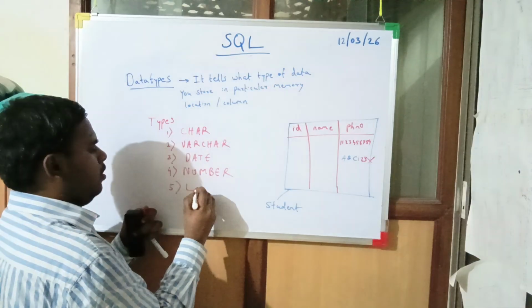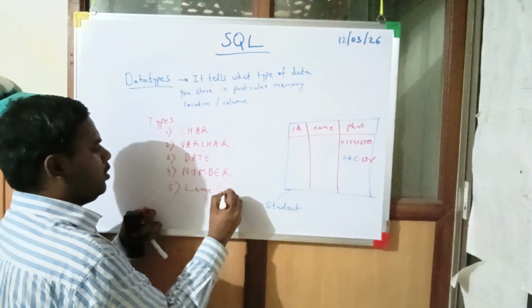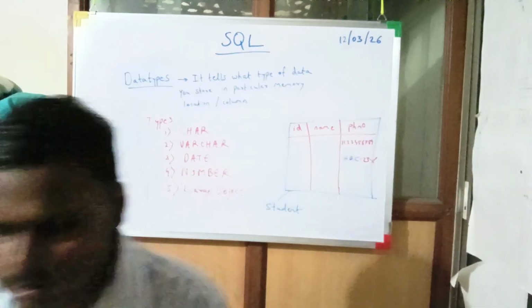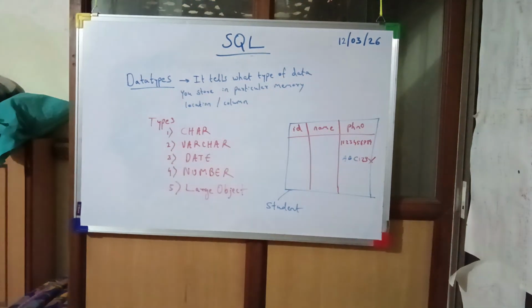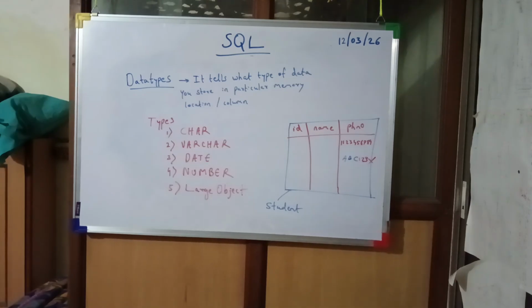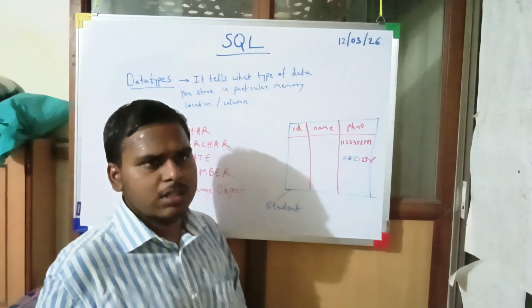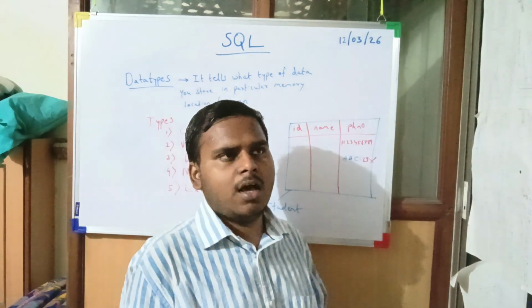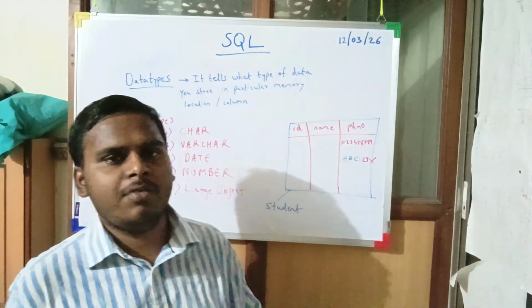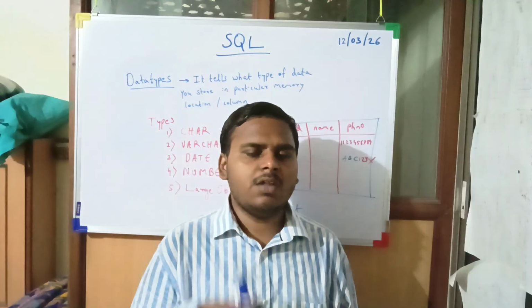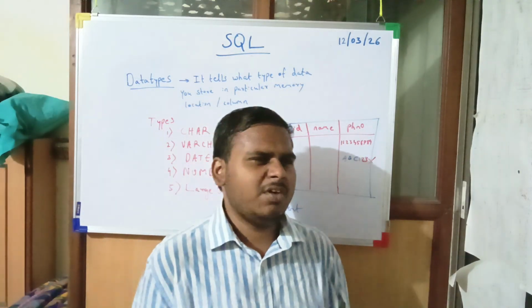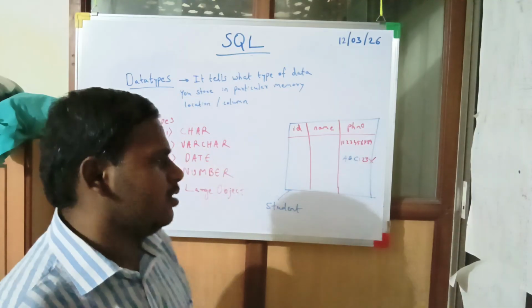Fifth, large object. In large object there are also some subtypes. Is the content visible? Okay, the content is visible, no issues. These are the 5 types which we are going to see today, and we are not going in-depth in this class. After constraints I will give the steps for installation, then we will focus on queries. If someone is curious when we will start the queries, we will start as soon as possible.